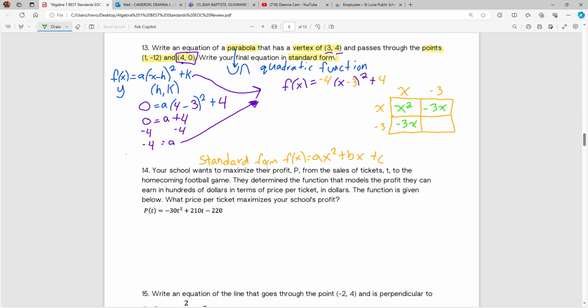And -3 times -3, negative times a negative makes a positive. 3 times 3 is 9.